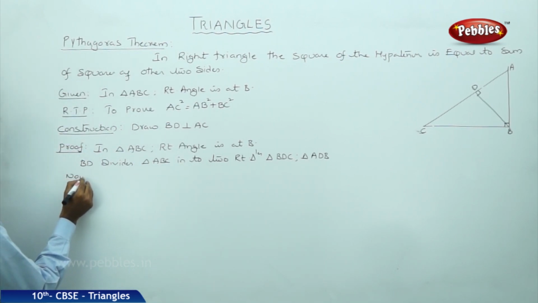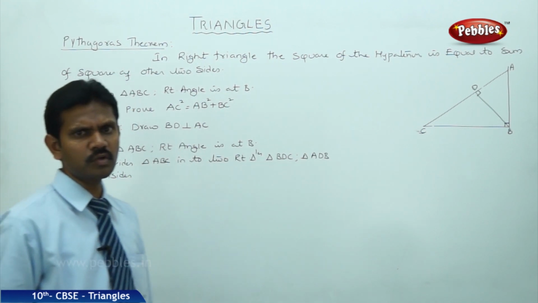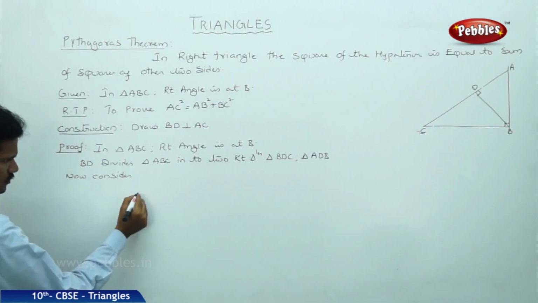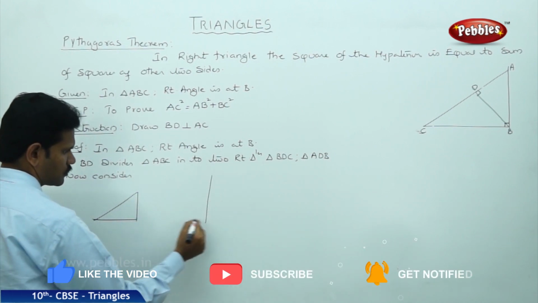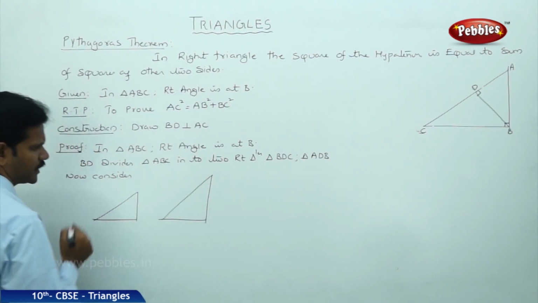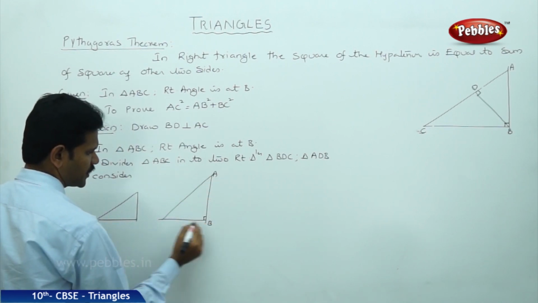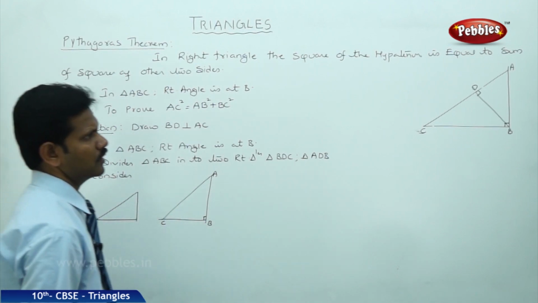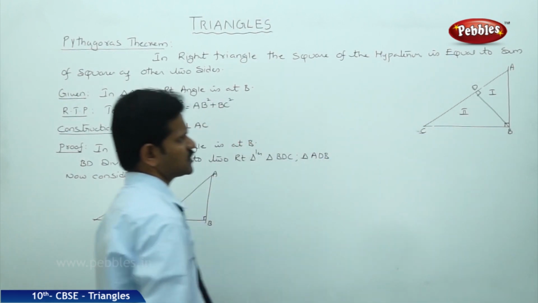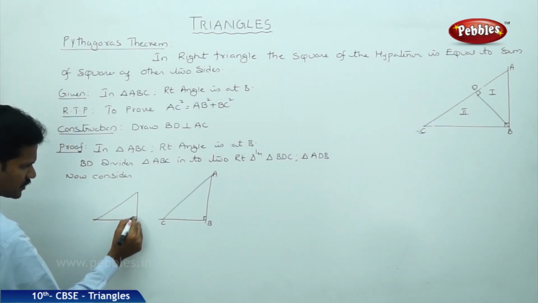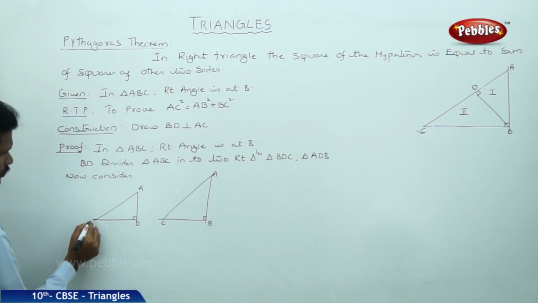Now consider two right triangles: triangle 1, triangle 2. This is triangle ABC. First part and the second part. Consider the first part. In the first part, right angle is at D, triangle ADB.